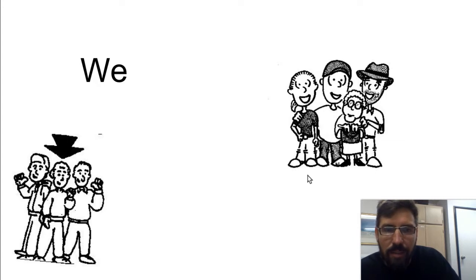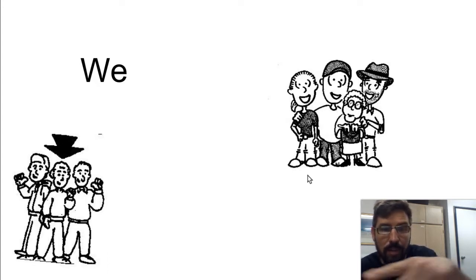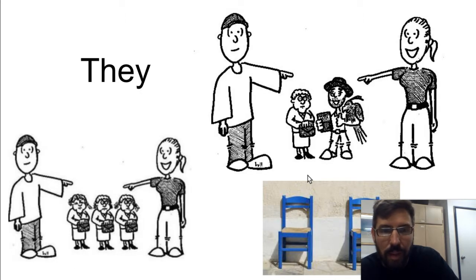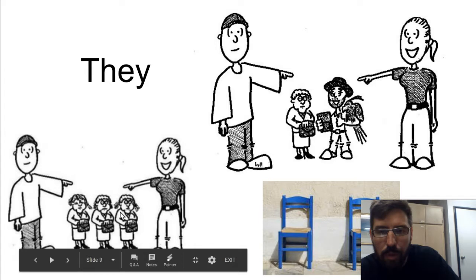Now we is more than one person, so it's what we call plural, and it includes the speaker. So if I'm talking about you and I, we. They is used for two or more people, or it could be for two things. Like, do you see these chairs?